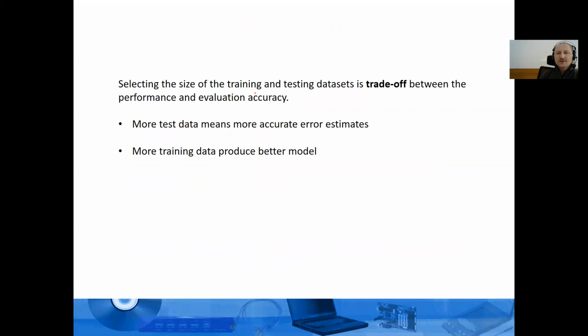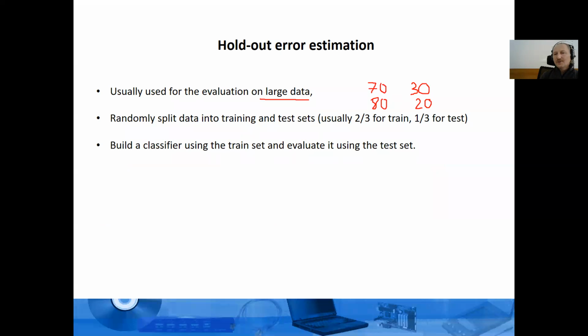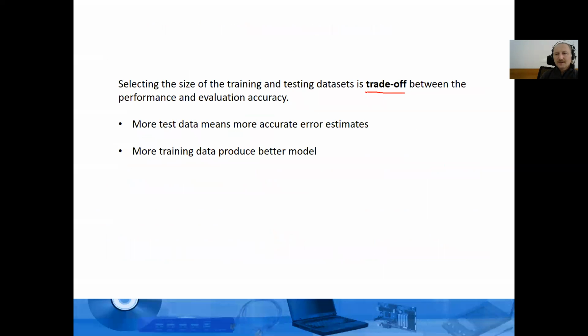So selecting the size of the training and testing data set is a trade-off. It will be 70% to 30%, 80% to 20%, 2/3 to 1/3. It's a trade-off. There is no one rule to say that. There is a trade-off between performance and evaluation accuracy.